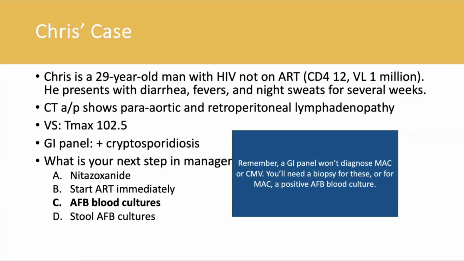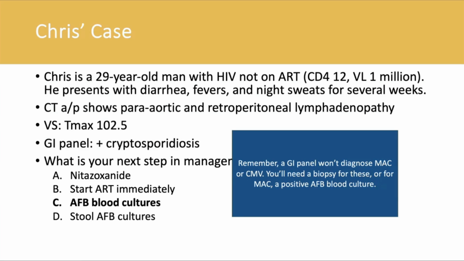So just because you have a GI panel that has one organism, if that can't explain the rest of your picture, like Cryptosporidia wouldn't explain the lymphadenopathy, and probably not those fevers and night sweats, you have to make sure you're addressing all the symptoms and working up all of it.